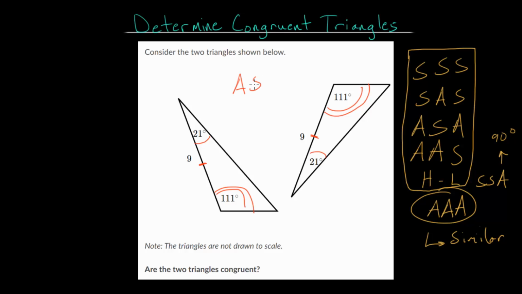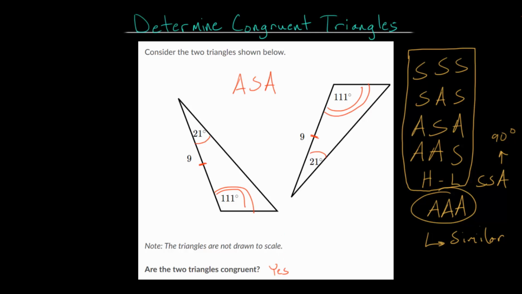And this is what we call angle, side, angle. So we can use this congruence postulate or congruence rule to determine that these two triangles are congruent to each other. They are the same size and the same shape. So in this case, they are congruent.